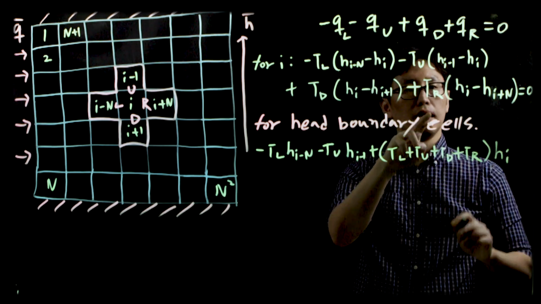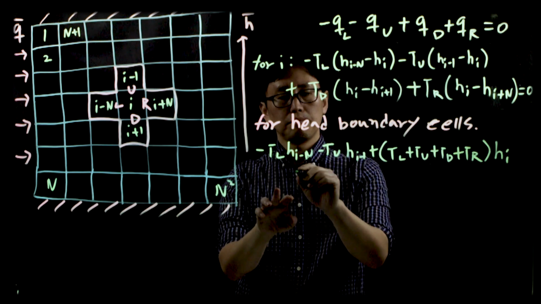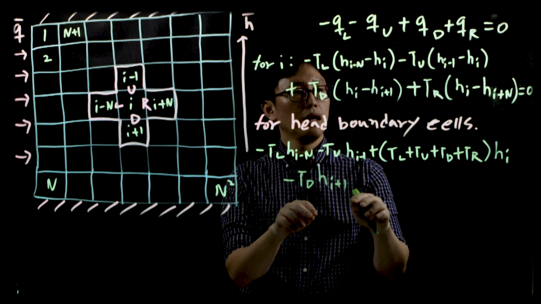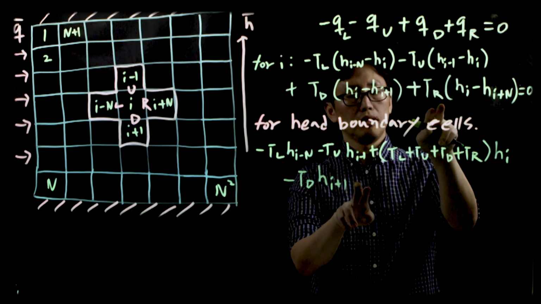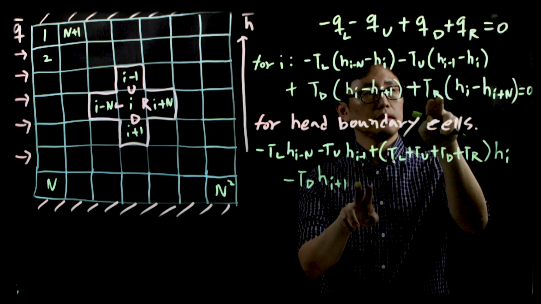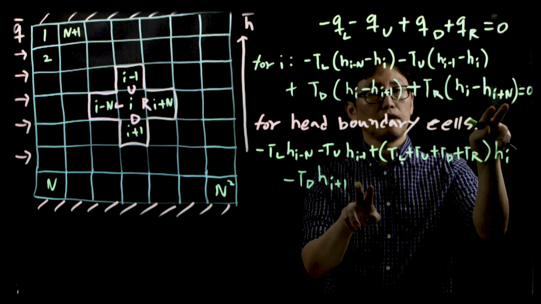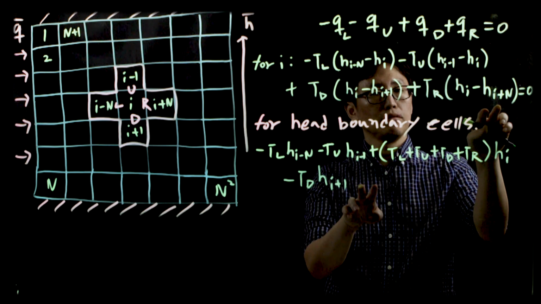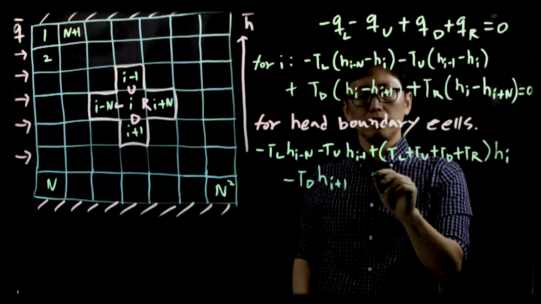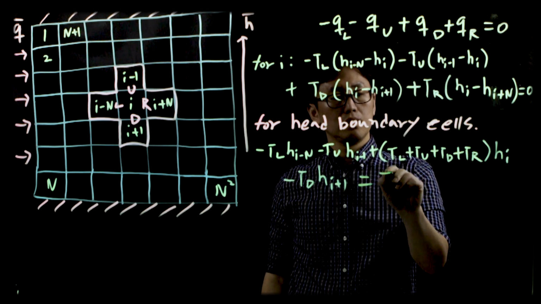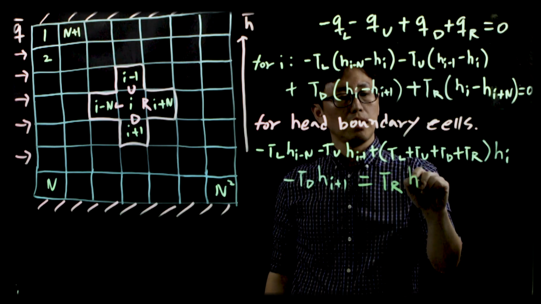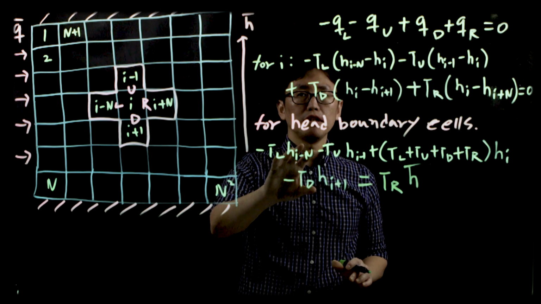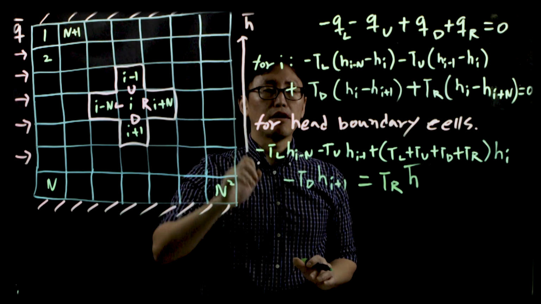Times Hi, and the TD term, minus TD H(i+1), and then the minus TL times H(i+n) is replaced by minus TL H bar, which will be moved to the right hand side. So we can write it as TL times H bar. So this is the general discrete equation for these head boundary cells.